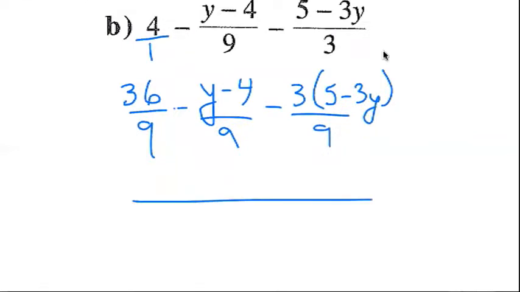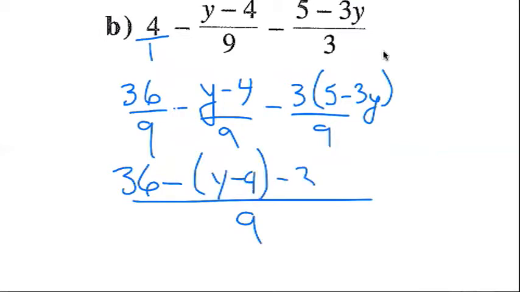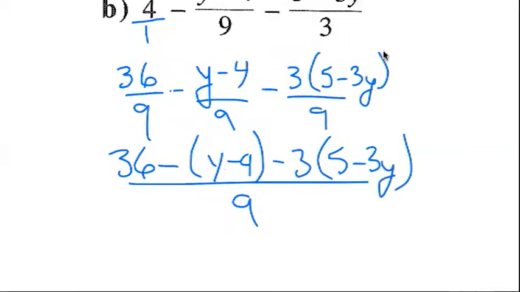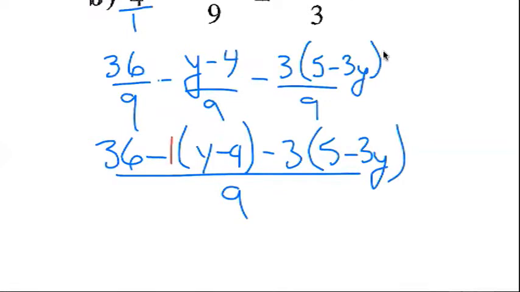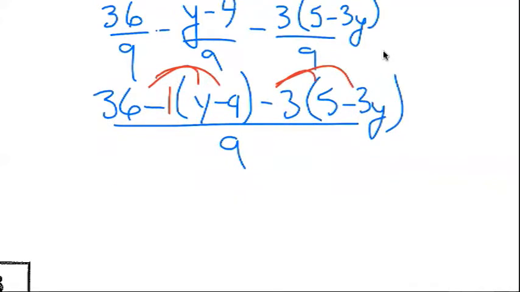I can write one common denominator now. We're going to have 36 minus bracket (y minus 4), subtracting the whole thing, minus 3 bracket (5 minus 3y). Do some distributing. I'm going to bring in this negative 1 here. I'm going to bring in the minus 3 and combine my like terms. 36 minus y plus a 4.